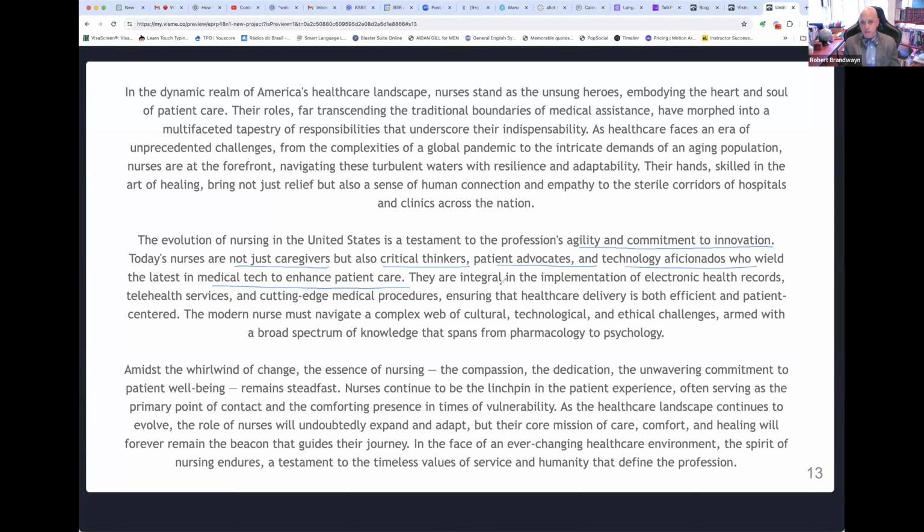They use technology, okay? All of this is very related to the question that Clara Trejo wrote. Now, Obed Ayala wrote, what is the role of the nurse in the healthcare industry? Basically, they continue to be the linchpin in the patient experience. The linchpin is like the main piece, often serving as a primary point of contact and a comforting presence in times of vulnerability. So that's good.